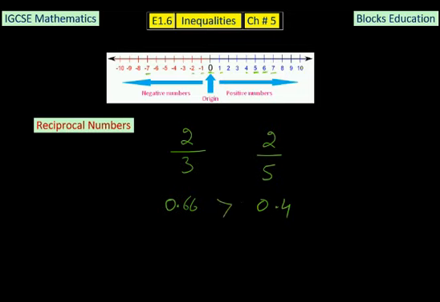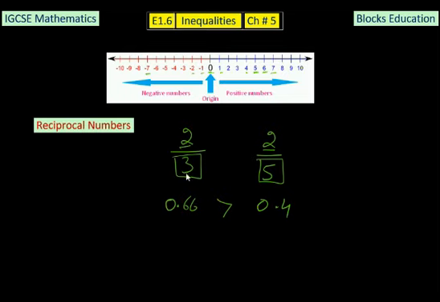And let's suppose you don't have the equipment, or the numbers are bigger, so you cannot divide. So how are you going to decide in the reciprocal form which number is smaller and which number is bigger? To do that, there is one very important rule. In the case where the numerators are the same, so in both numbers 2/3 and 2/5, the numerator, which is 2, is the same, right? So in that case, the decision of which number is smaller and greater lies on the denominators, right?